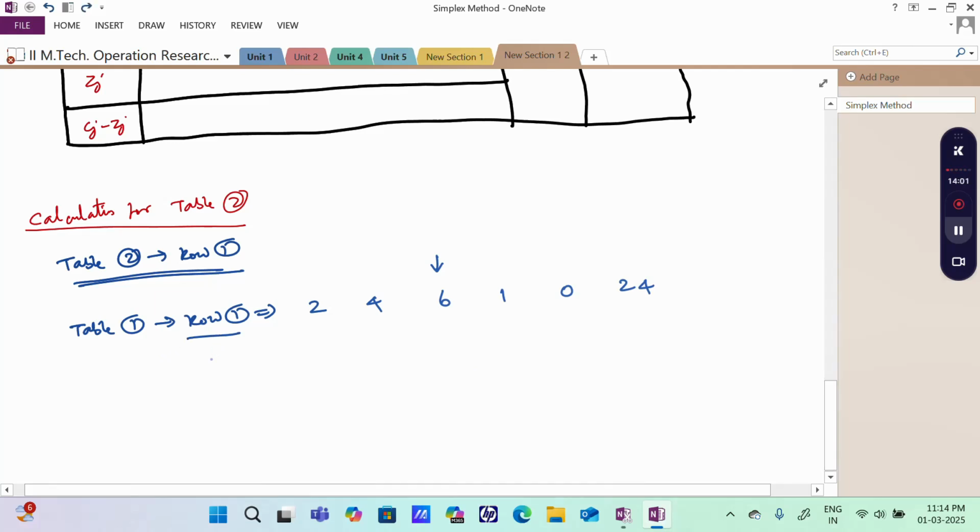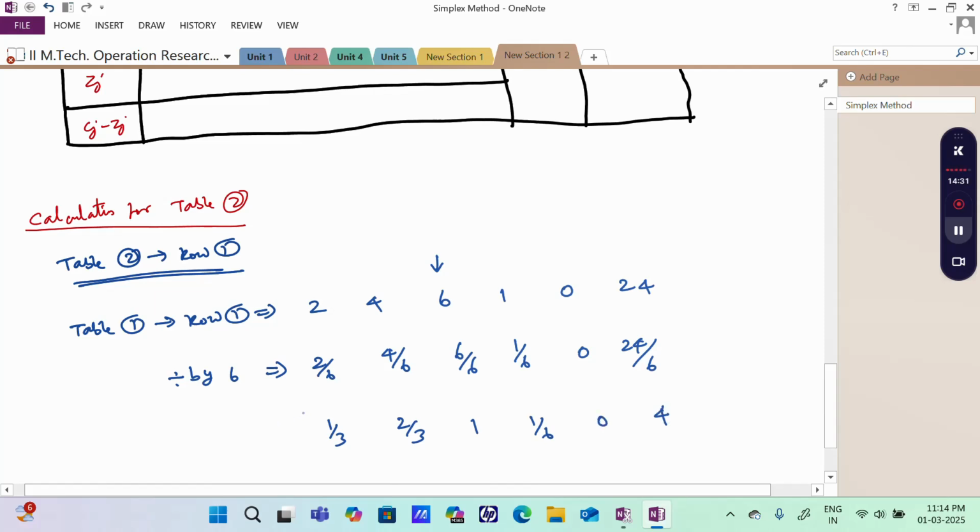So when the row is divided by 6: 2 by 6, 4 by 6, 6 by 6, 1 by 6, 0, 24 by 6. So what is our value? 1 by 3, 2 by 3, 1, 1 by 6, 0, then 4.